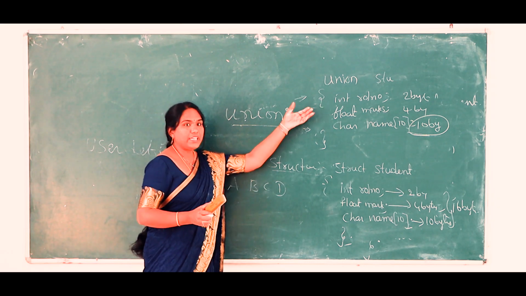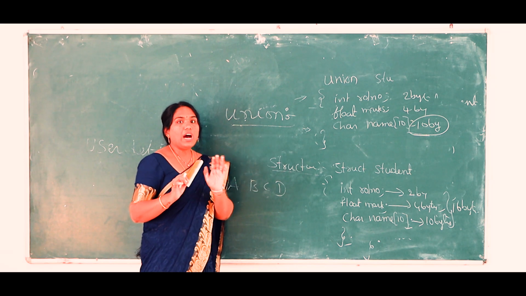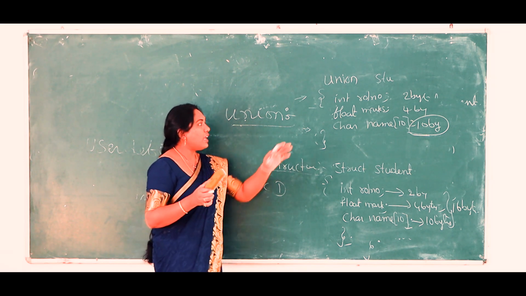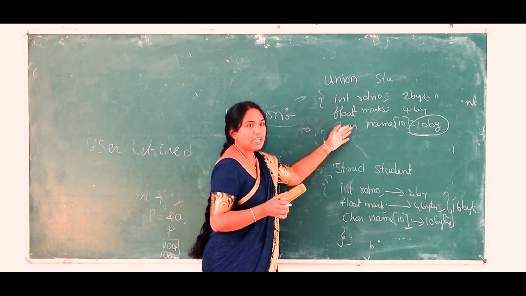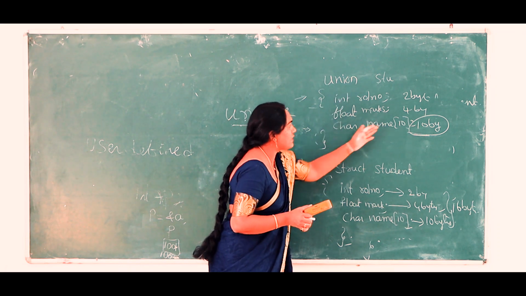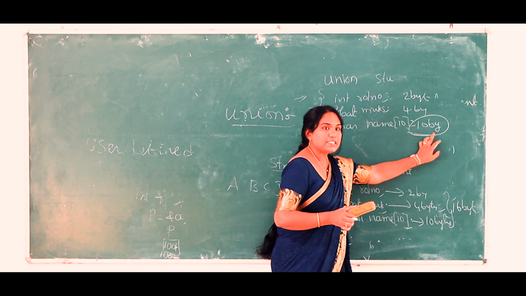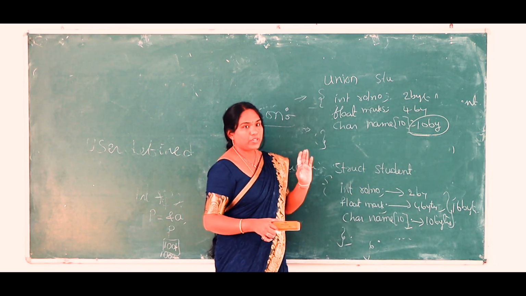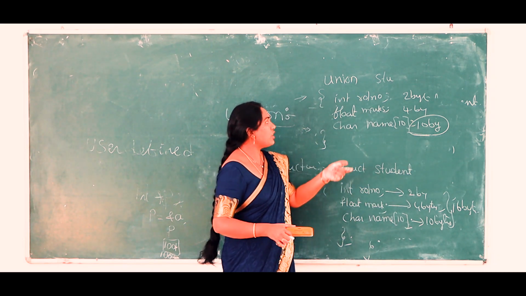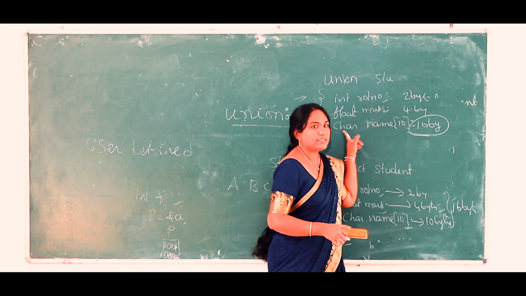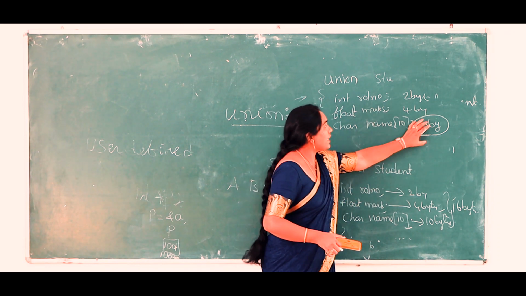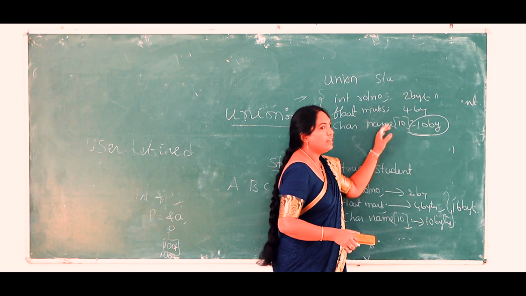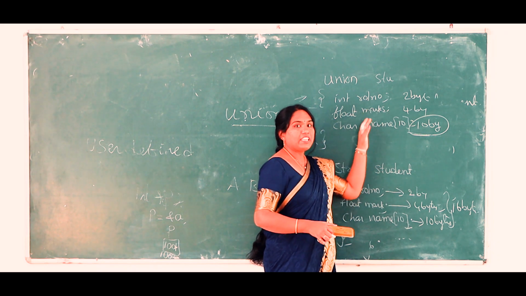But in union, who has the largest memory compared to all these? This one. Only for this it allocates the memory. It cannot allocate individual memory. It allocates the memory only of the largest size, and that memory can be shared by all the remaining variables.